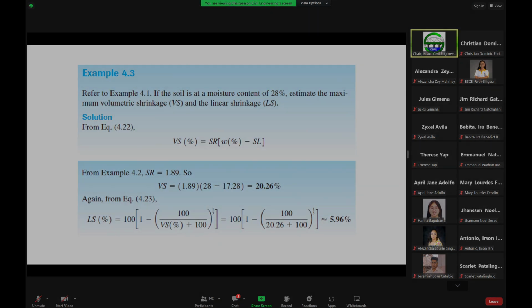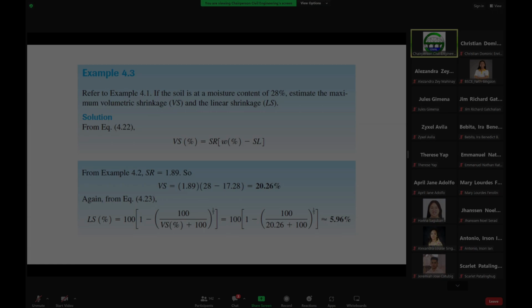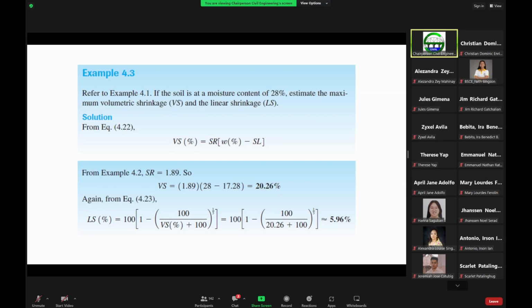We call it a borehole. You will need to test for grain size, Atterberg limits, moisture contents, as well as the unit weights, for each of these 20 samples.